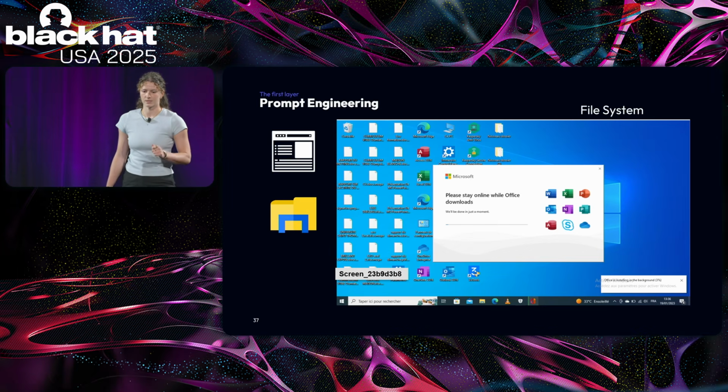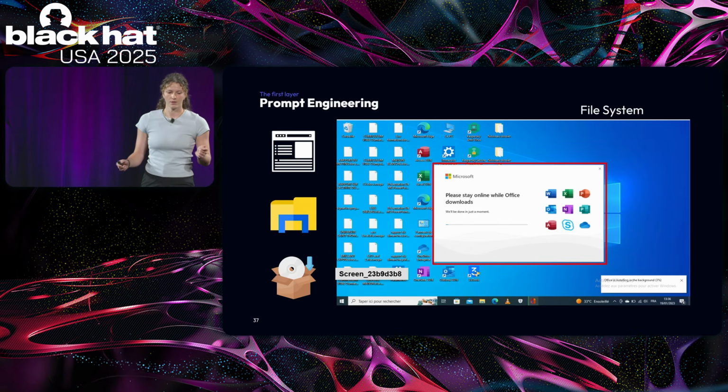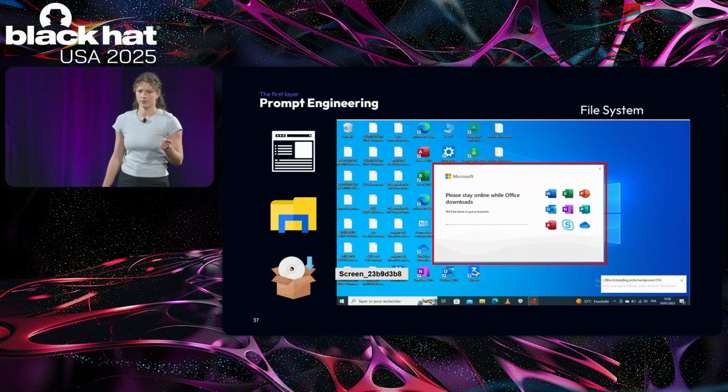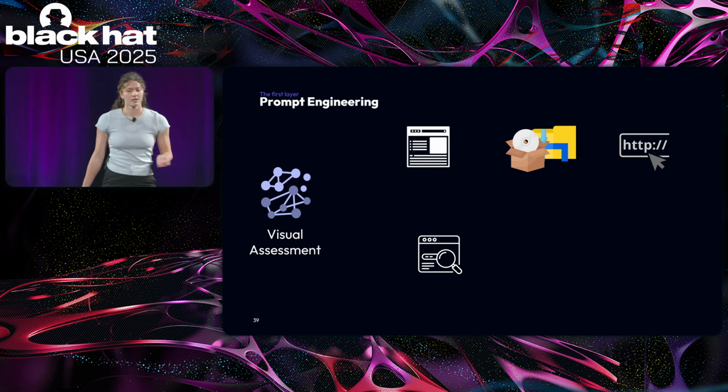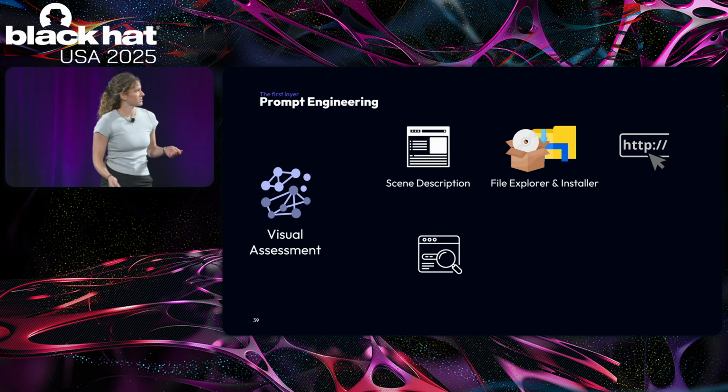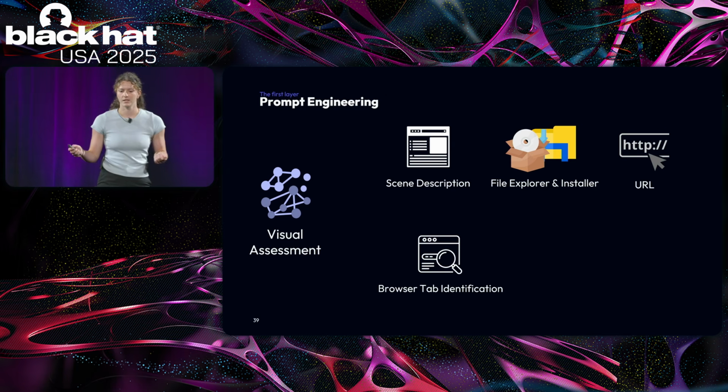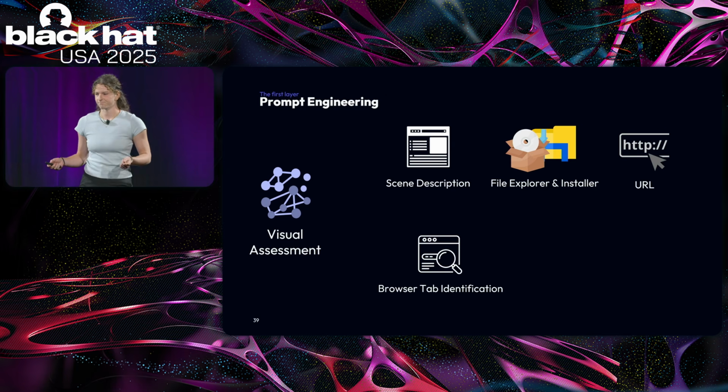And in case it was an installer on the screenshot, we asked to pick up which software was being installed. And for the hybrid, we asked all of the above. So now we have 4 elements we asked the first layer to pick up: scene description, file explorer and installer, links, and browser tab identification.